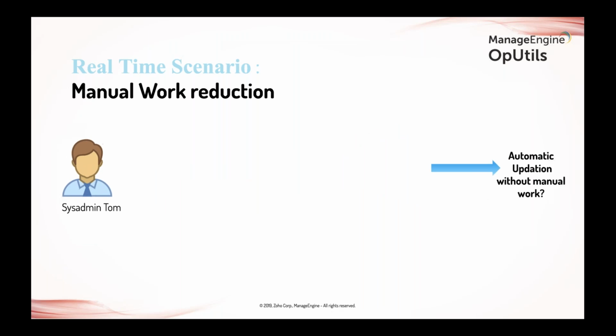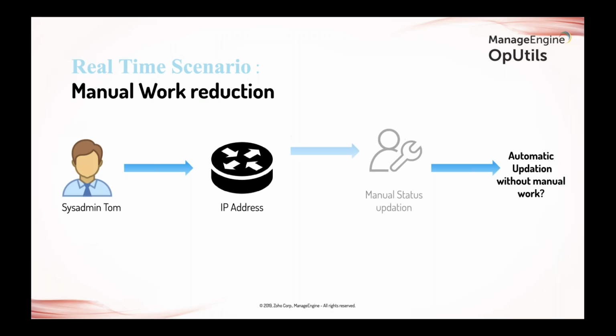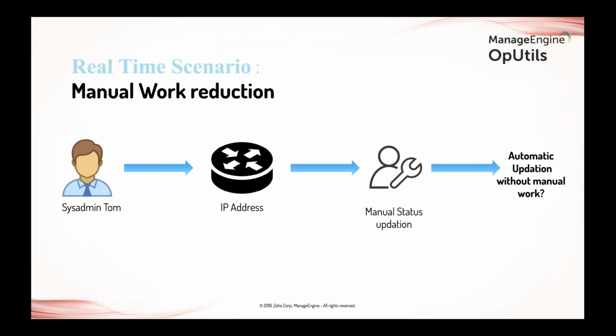This also reduces manual work, because checking rogue devices using a spreadsheet takes quite a lot of time, whereas OpUtils does an automatic scan and will notify you without any problem.